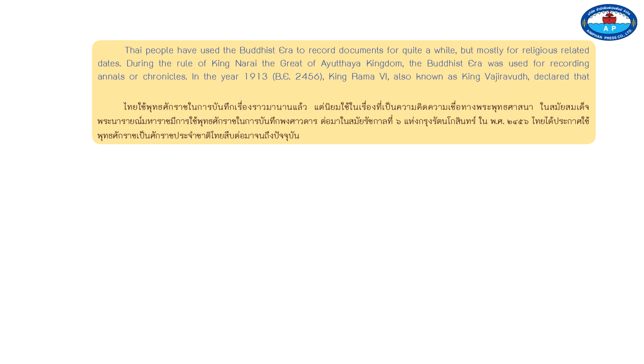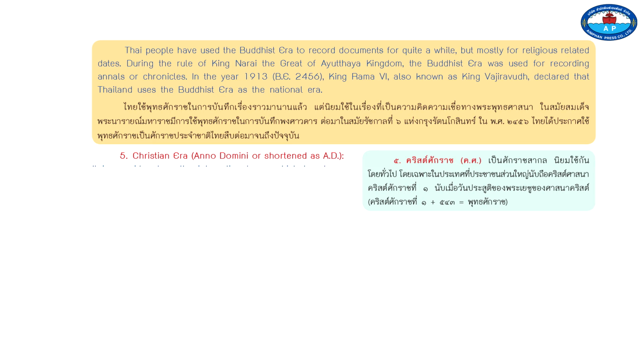In the year 1913, BE 2456, King Rama VI, also known as King Washirawut, declared that Thailand uses the Buddhist era as the national era.